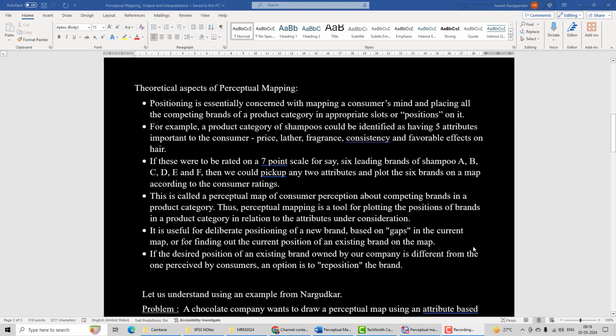Thus, perceptual mapping is a tool for plotting the positions of brands in a product category in relation to the attributes under consideration.